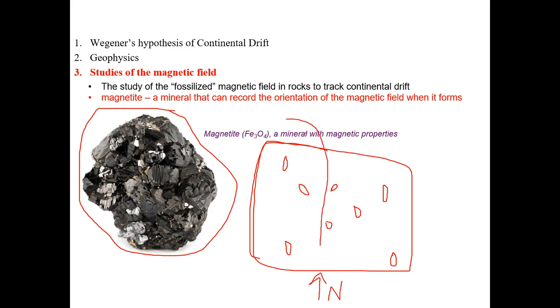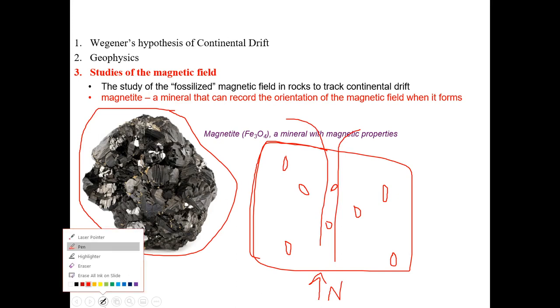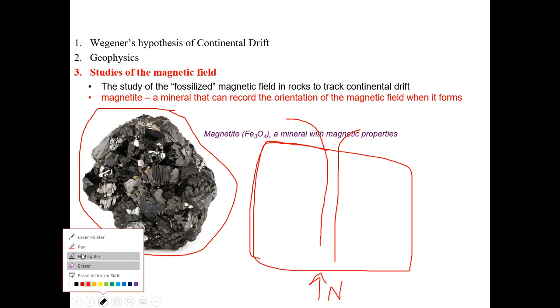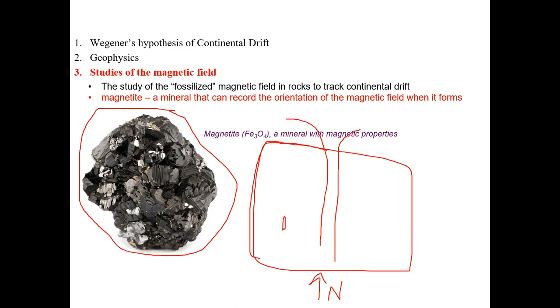So here come the magnetic field lines, right? The grains will orient themselves. So I'll erase these grains here. The grains will orient themselves with the direction of north. So they'll look like this. Okay. So, does that make sense?